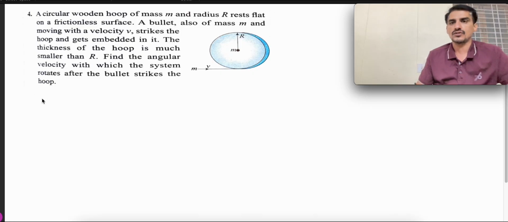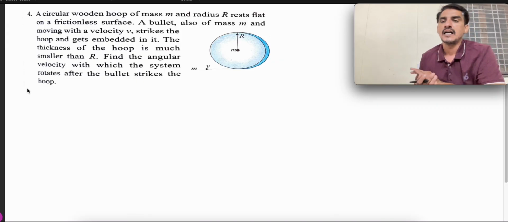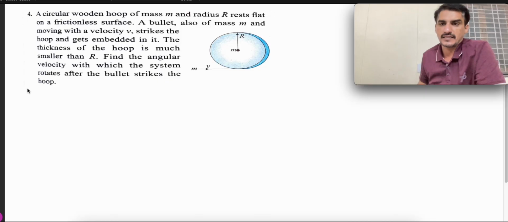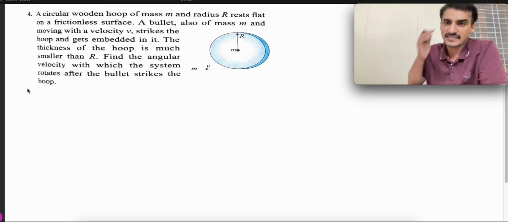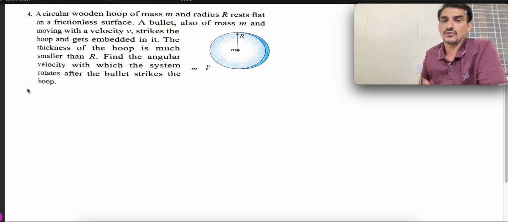Now in order to solve it, what we have to do? In general, I already told you in my previous lecture that when a particle hits a rigid body and that rigid body is not hinged, it is free to rotate as well as to translate. Now when it hits that, then in order to find out either the velocity of center of mass, or angular velocity, or coefficient of restitution, there is some procedure.